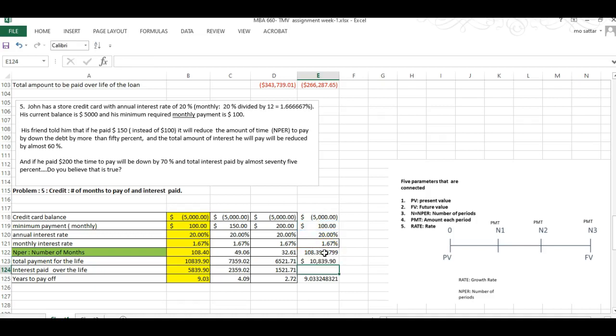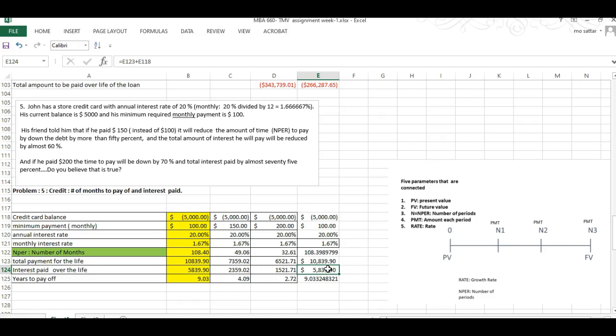He's basically going to pay $10,839 for the credit card balance that he currently has of $5,000, if he's only going to pay $100. Which means that the interest he's paying is the difference between the total he's going to pay, minus the balance. So he's going to pay $5,839 as interest over the life of the loan.